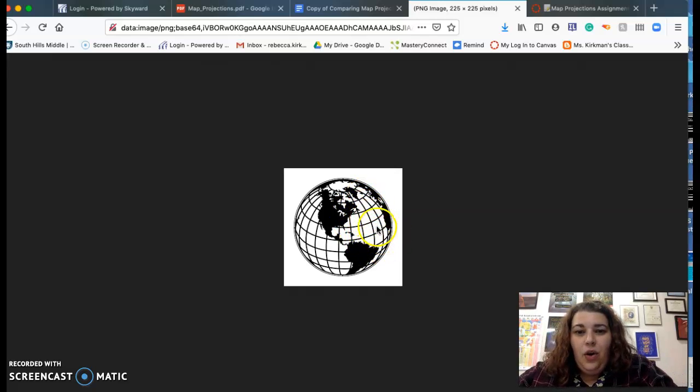So those lines that are going up and down, those are the longitude lines. And we were looking to see if they're parallel or if they're not parallel and do they intersect at a certain point. And on a globe, they do. They intersect at the top and the bottom. That means they all come together at the top and the bottom, at the poles.